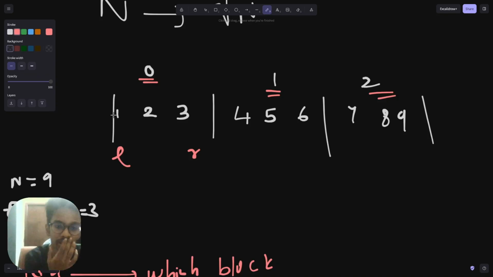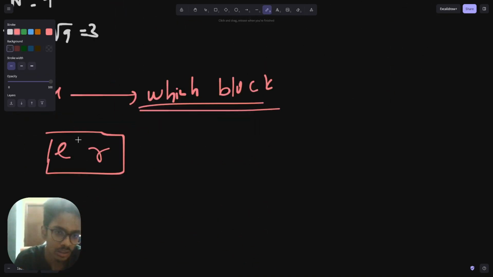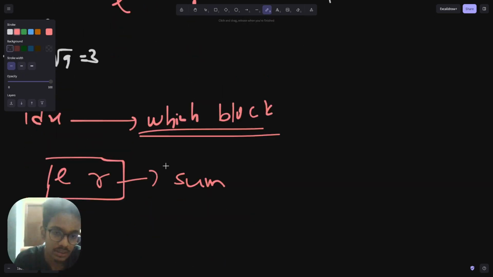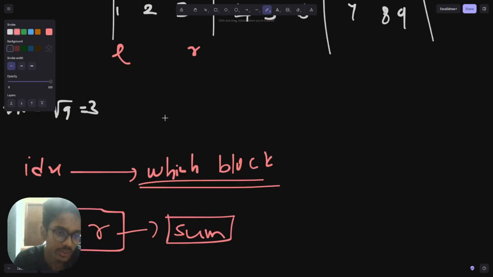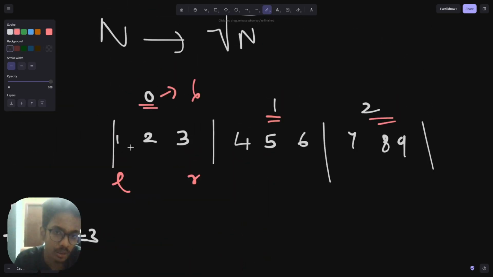Whatever the required query is, let's say this is a sum query, in these blocks you would store the sum. So you already have the sum of block 0, which is 6. If someone asks you the sum of L to R and you already have this block, you can directly return 6.